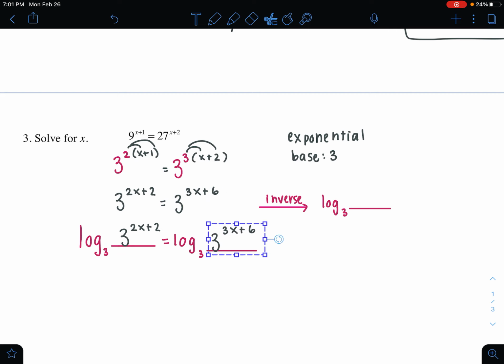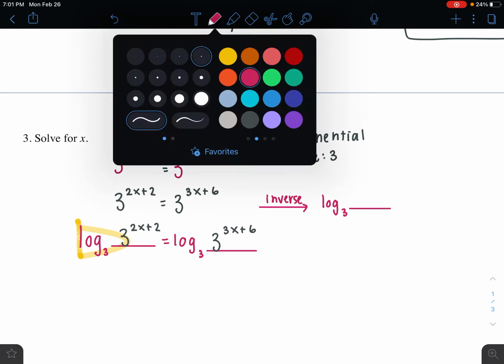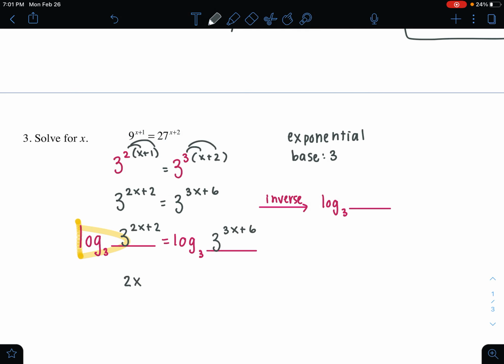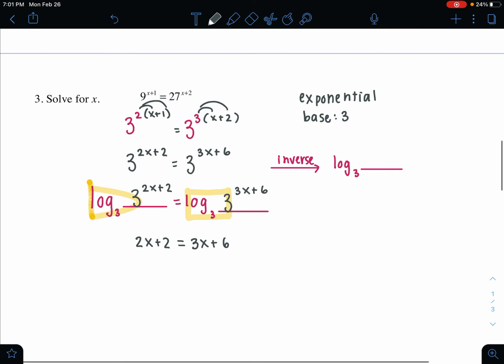And same on the right side. Log base 3 of 3 simplifies to be 1. And you're left with 2x plus 2 equals, on this side, log base 3 of 3 also simplifies out. And we can now go ahead and solve for x.